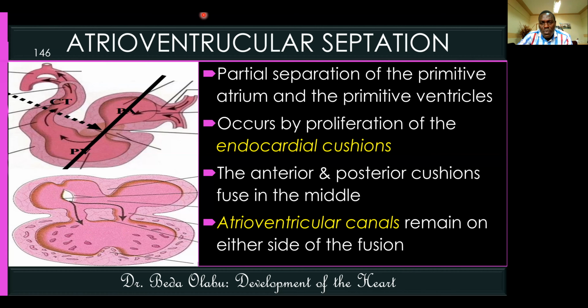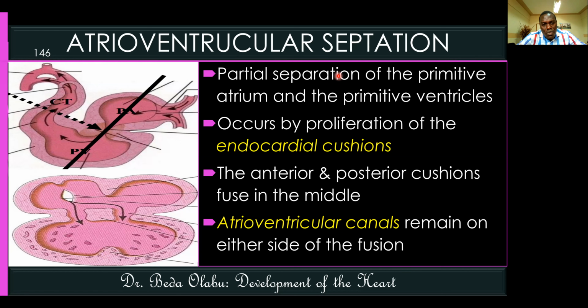I want to ask a question with regard to that concept of atrioventricular septation, and I want you to answer in the chat. I have enabled the chat to be public for everyone. So the question I'm asking you is, if atrioventricular septation goes abnormally, what kind of congenital heart diseases would you expect to happen with regard to abnormal atrioventricular septation?